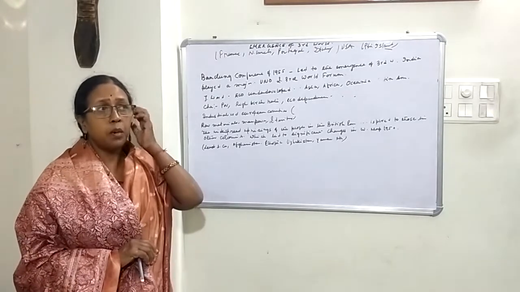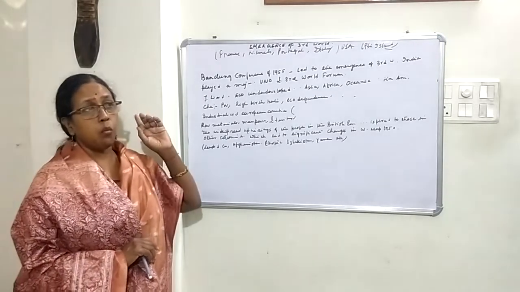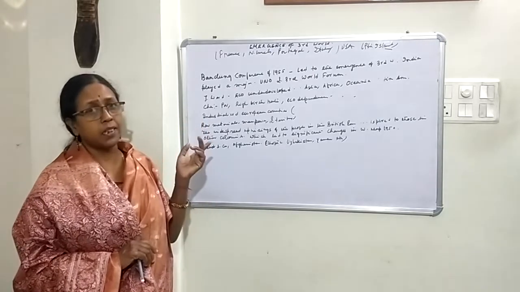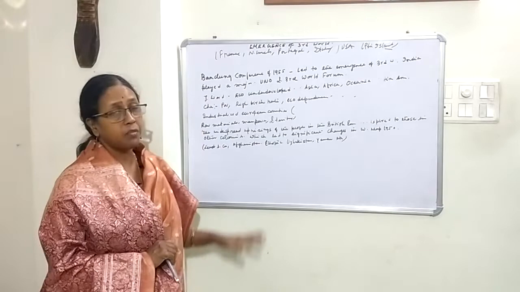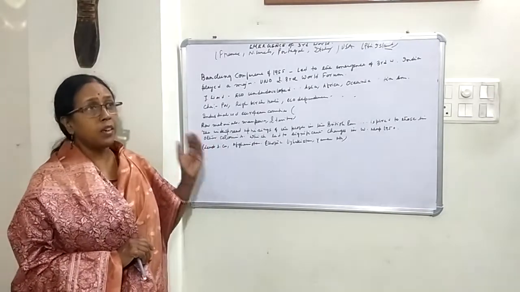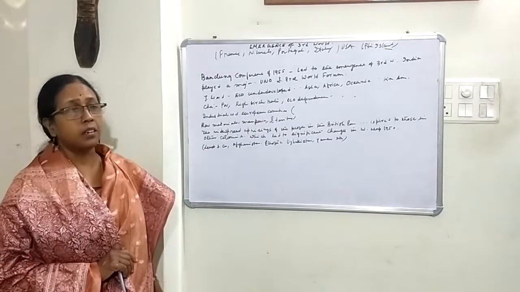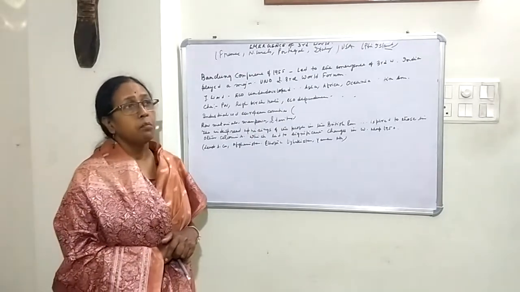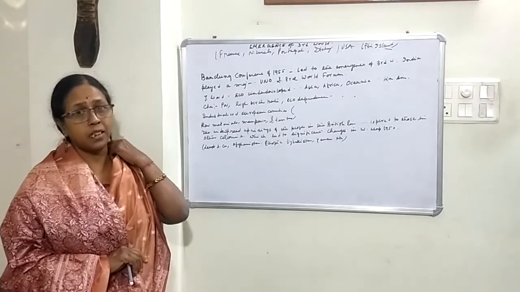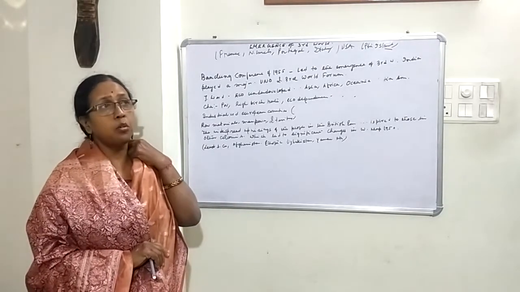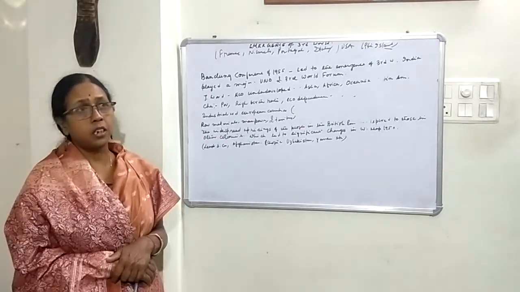The common problems faced by the third world countries I have discussed in one of my videos regarding the global south. If you go through that video, you will get an idea about what problems are faced by the global south. Global south means the underdeveloped countries or the third world countries. Because of globalization, privatization and liberalization, we are still unable to solve the problem or bridge the gap between the rich country and the poor country.